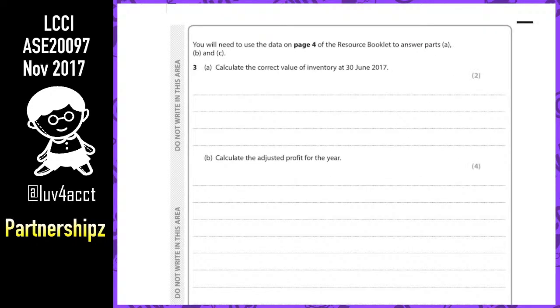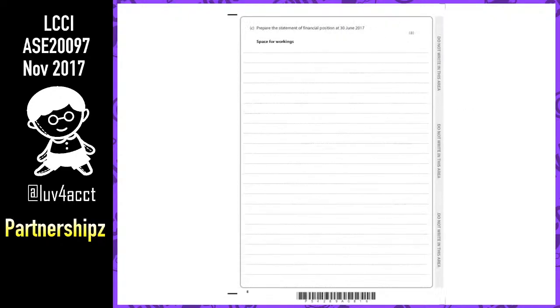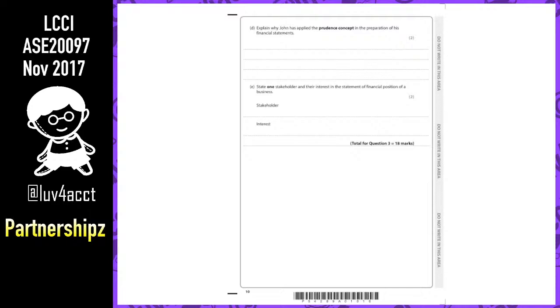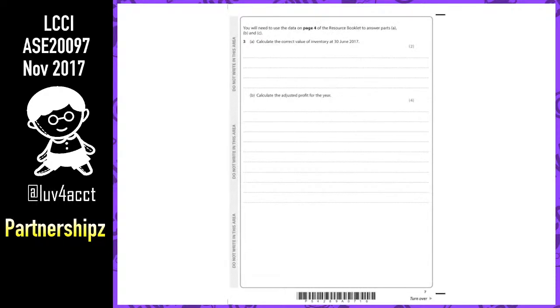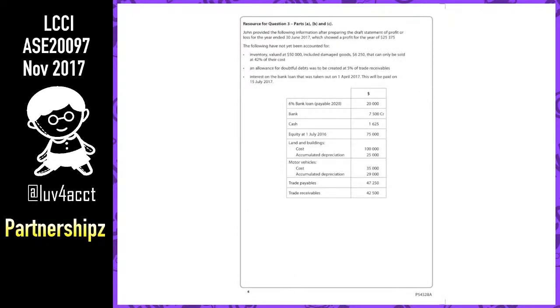To calculate the correct value of inventory, calculate the adjusted profit, 2 marks, 4 marks, and then the statement of financial position. And then some other explanation questions. So let me take one more look.